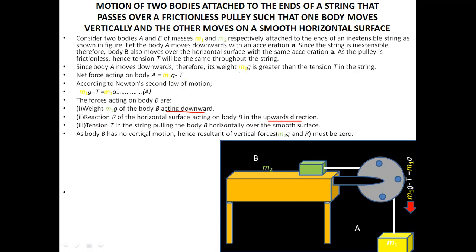As the body has no vertical motion, the resultant vertical forces m2g and R must be equal to 0. That means these two forces, R and the weight, are cancelling each other out. So the overall vertical forces are 0, but the horizontal forces are still there. So how can we solve this for the horizontal forces?